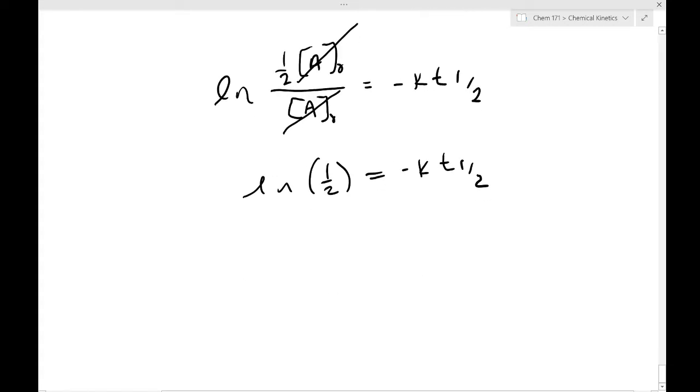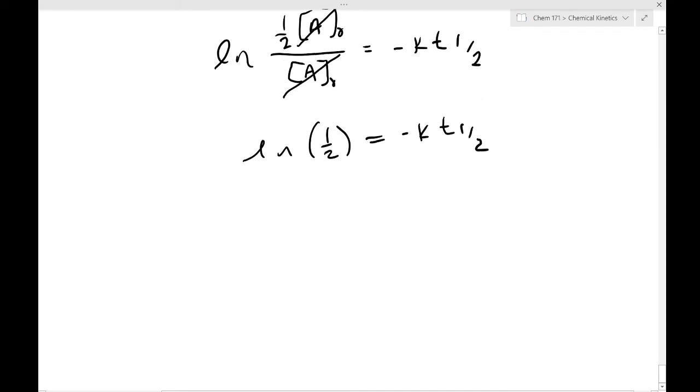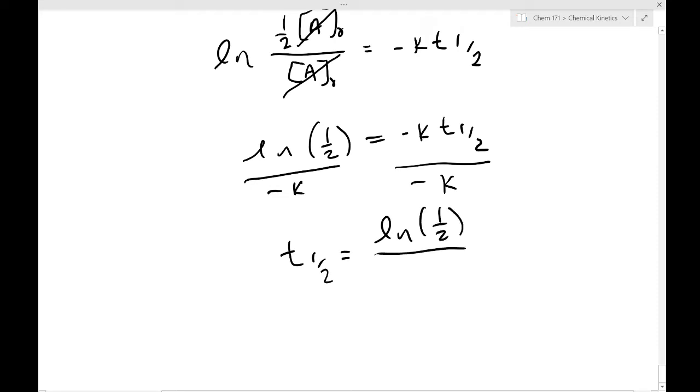Now to get to the half-life, all we have to do is divide by negative k. So if I divide both sides by negative k, then I get t1/2 is equal to the natural log of 1/2 over negative k.